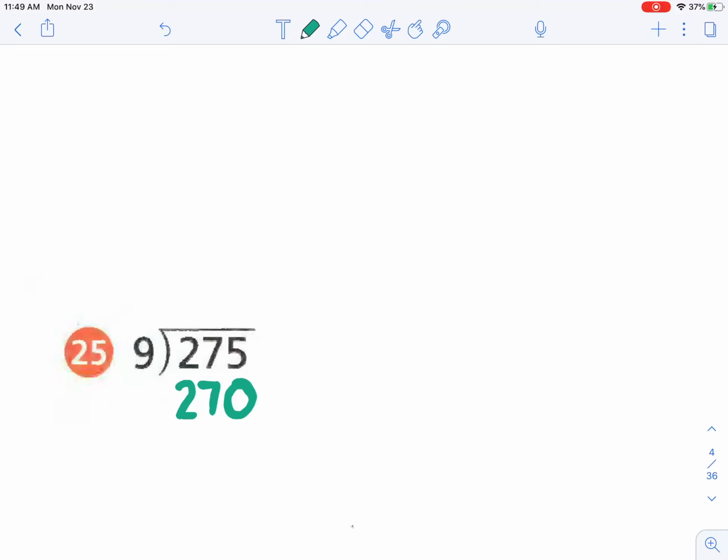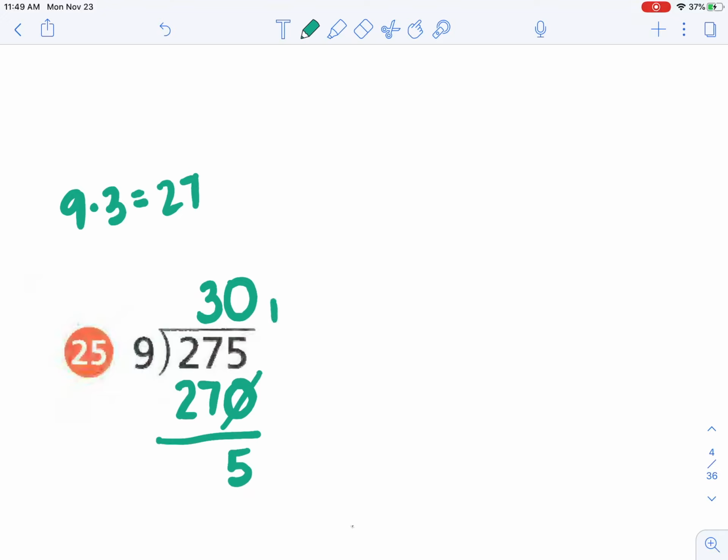Well, I know that if I take away this 0, 9 goes into 27 3 times, or 9 times 3 equals 27. So I took away a 0, so I'm going to add that 0 back in. But remember, our problem wasn't 270, it was 275. So I want that 5 to become my remainder. That's how many I have left over.